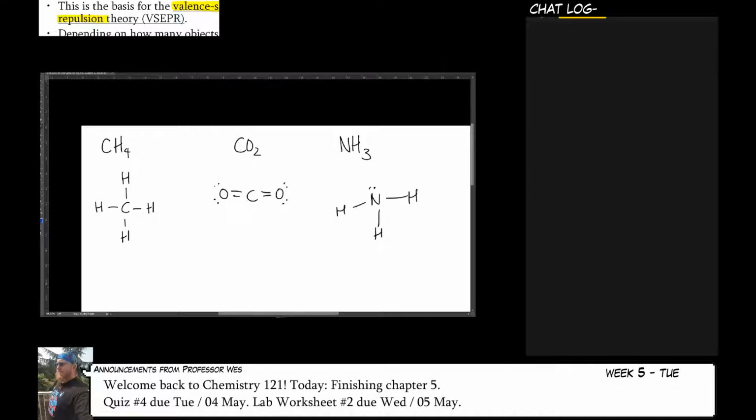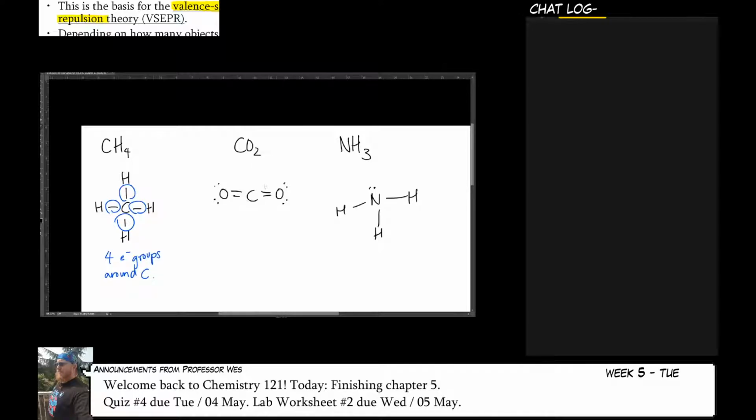All right, so let's count electron groups. So remember, an electron group is any number of bonds connected to some other atom around the central atom, or an electron pair around the central atom. So for this carbon, there's very obviously 4 places that electrons are, and it's these 4. So there are 4 electron groups around the carbon atom.